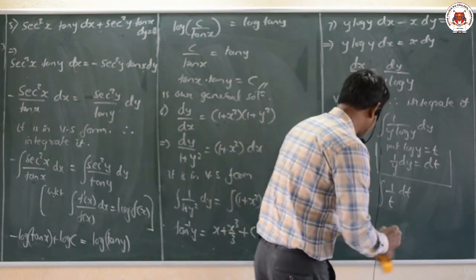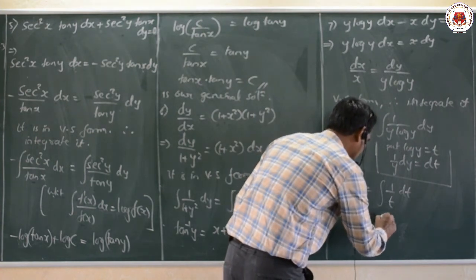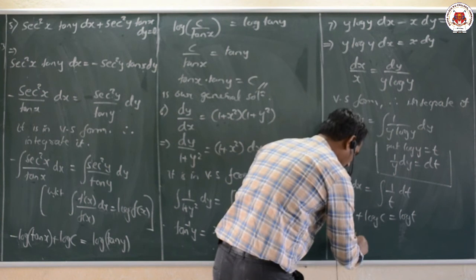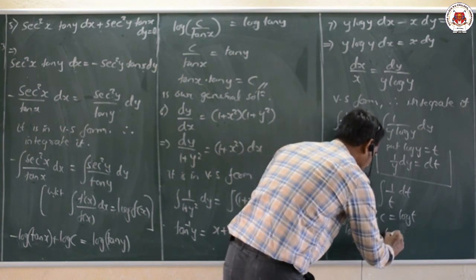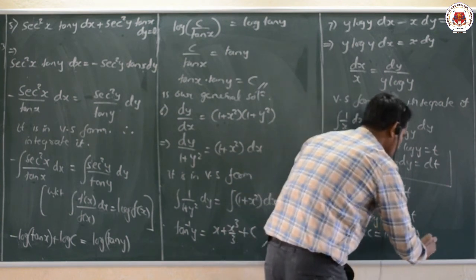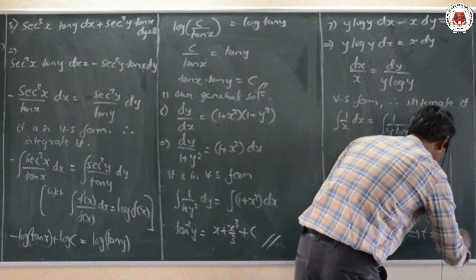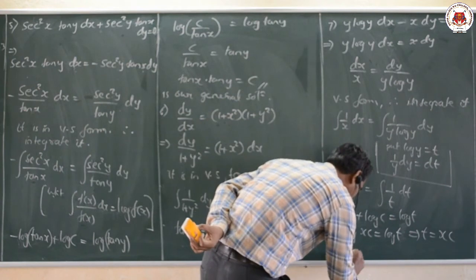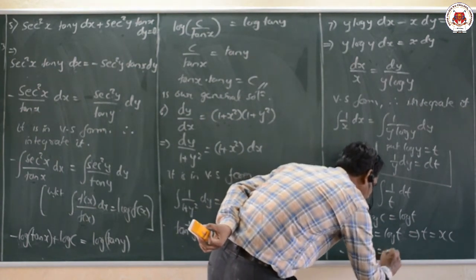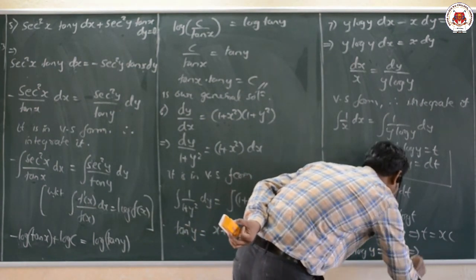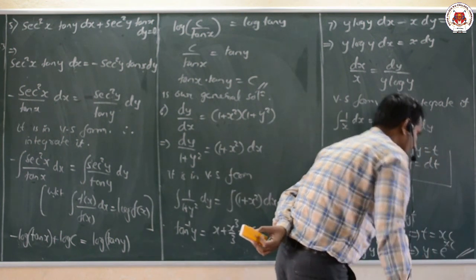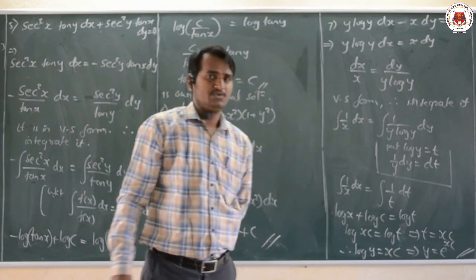If you want, you can add log c, so log x plus log c equal to log t. So we get log of xc equal to log t. That implies t is equal to xc. Now what is t here? t is nothing but log y. Therefore log y is equal to xc. That implies y is equal to e to the power of xc. That is the required general solution.